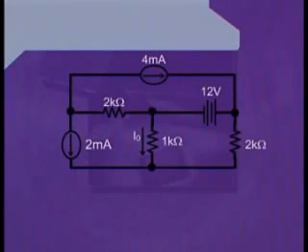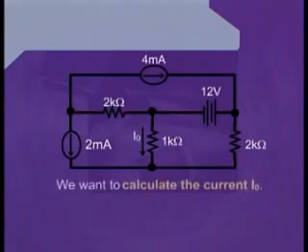This circuit consists of 2 independent current sources and 1 independent voltage source, whereas only 3 resistances have been involved in this circuit. We want to calculate the current I0 as mentioned in this circuit, that is the current through the 1 kilo ohm resistance.